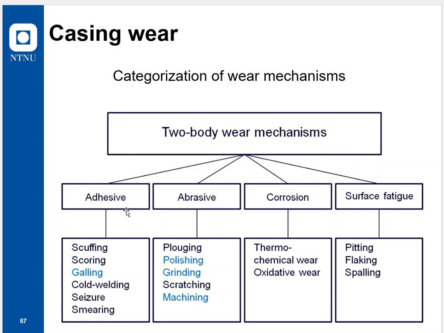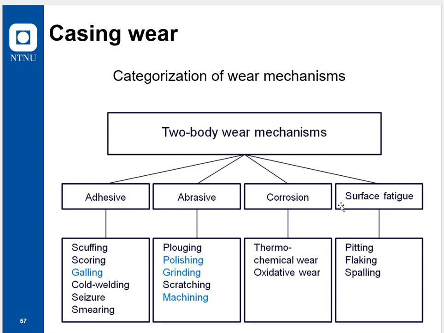Adhesive wear, galling type, would be more what we have for 13% chrome materials, and that's why it's a completely different mechanism going on than for standard carbon steel, and that's why it never gets correct when you try to apply the software for casing wear on 13% chrome material or other.